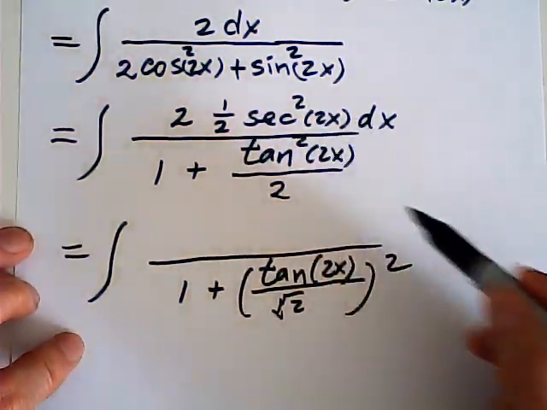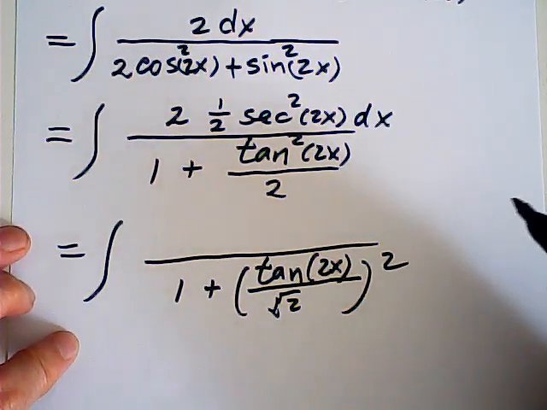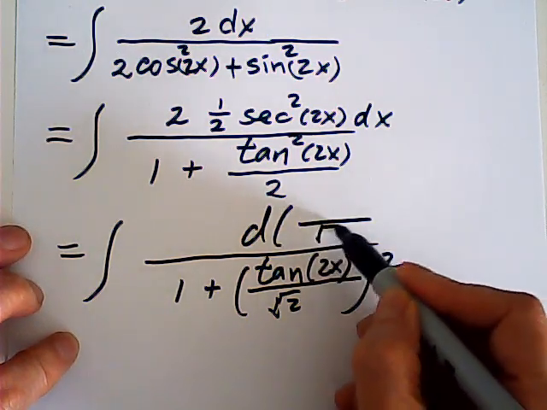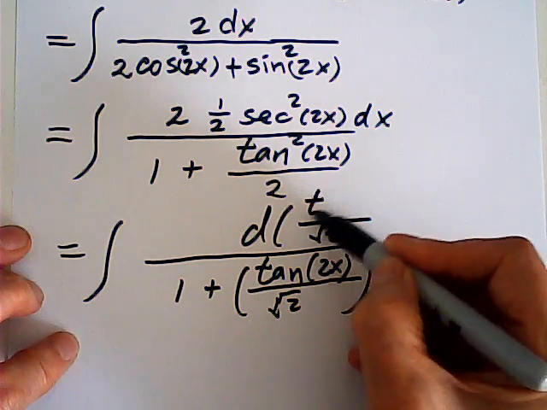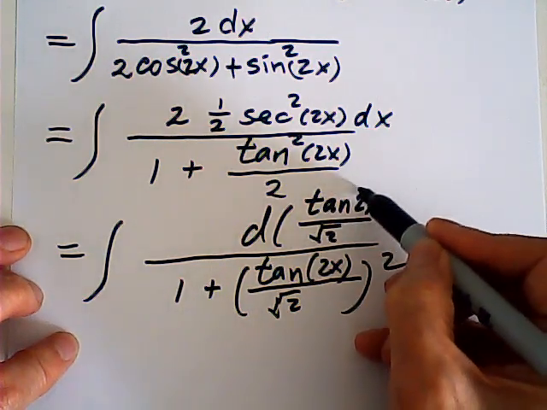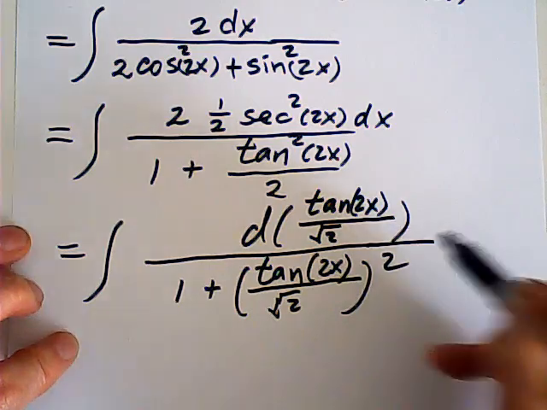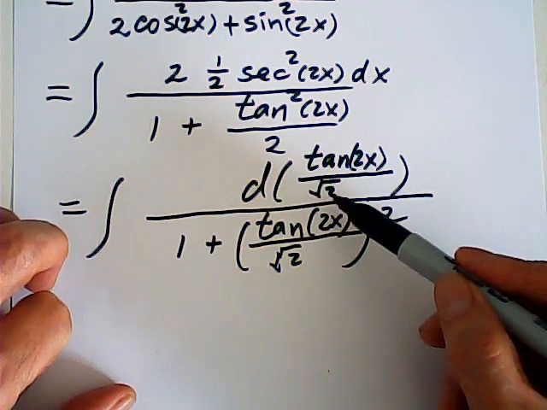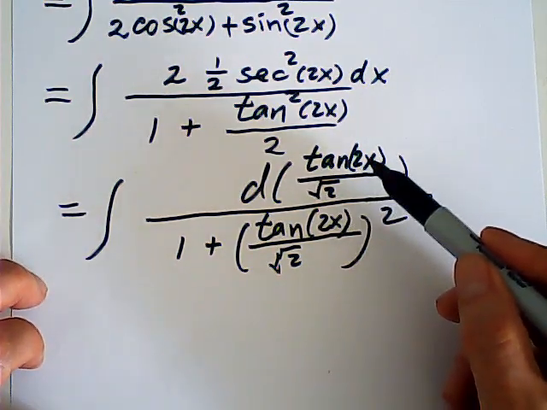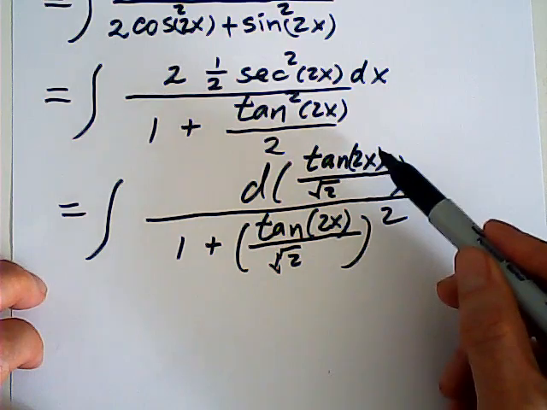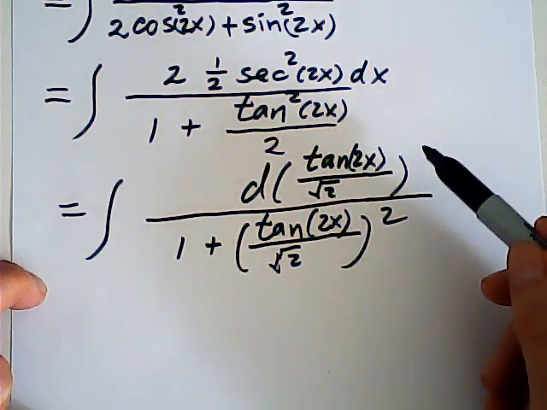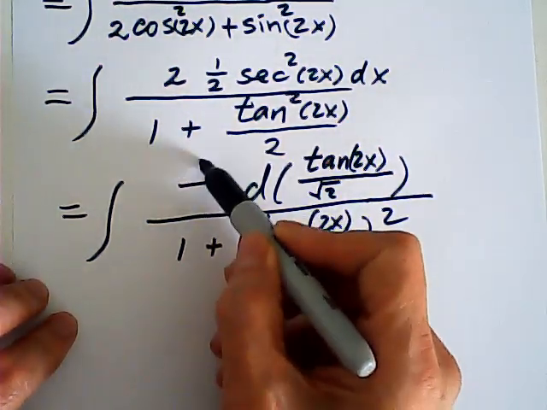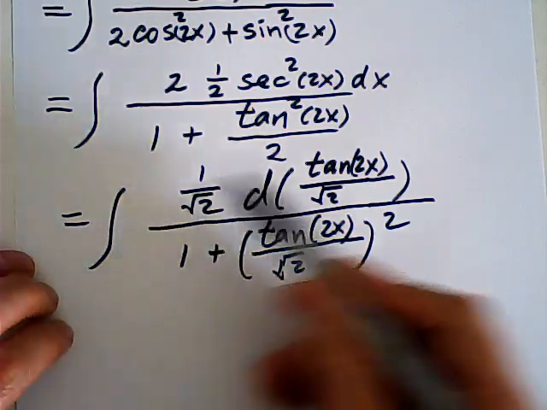And on top would be the derivative of this, square root 2 tangent 2x, and this will be 1 over square root 2 times secant square 2x times 2. So after cancellation, you are left over another 1 over square root 2. So that will be equal to this.